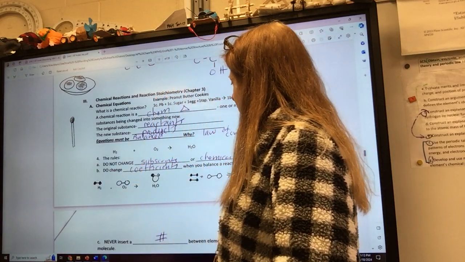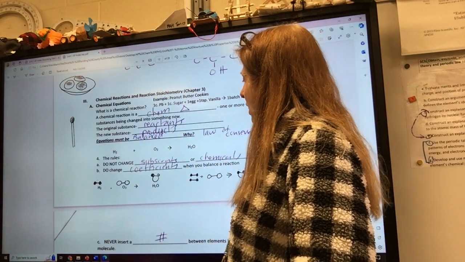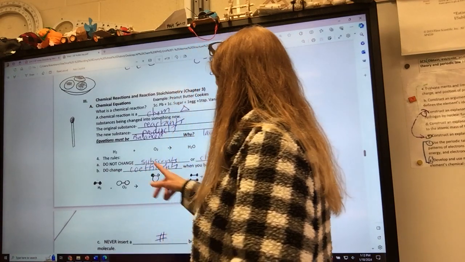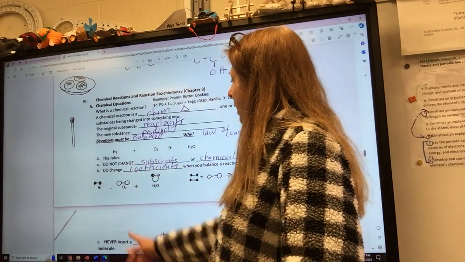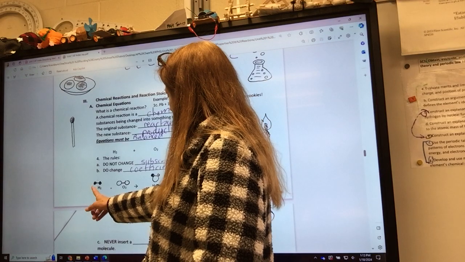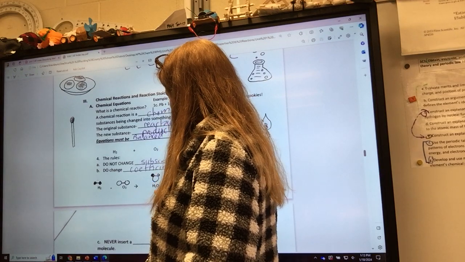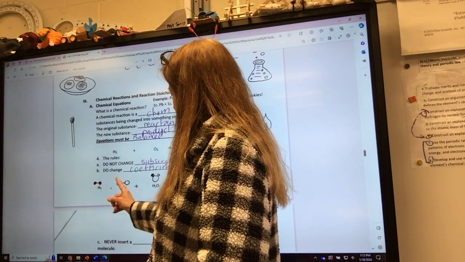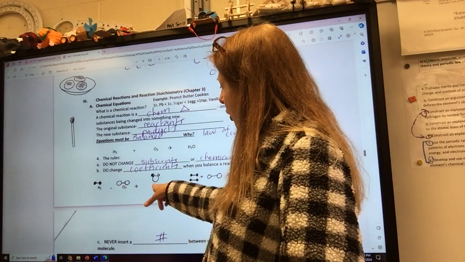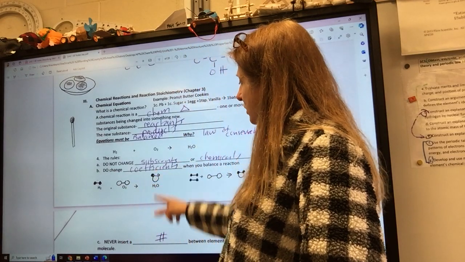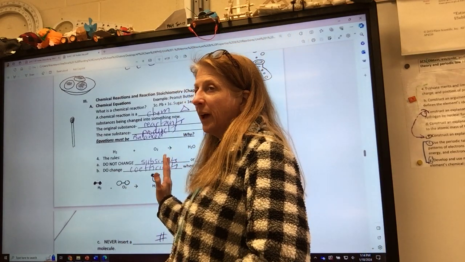You're not allowed to change the subscripts or the chemicals. You do change the coefficients, the numbers in front, when you balance them. So here we had the reaction originally. You had 2 hydrogens, 2 oxygens on that side, but on this side you only have 1 oxygen and 2 hydrogens, so that is unbalanced.